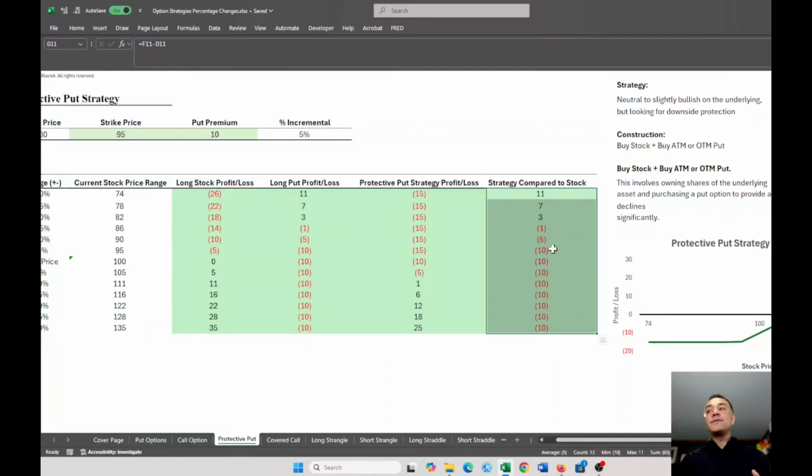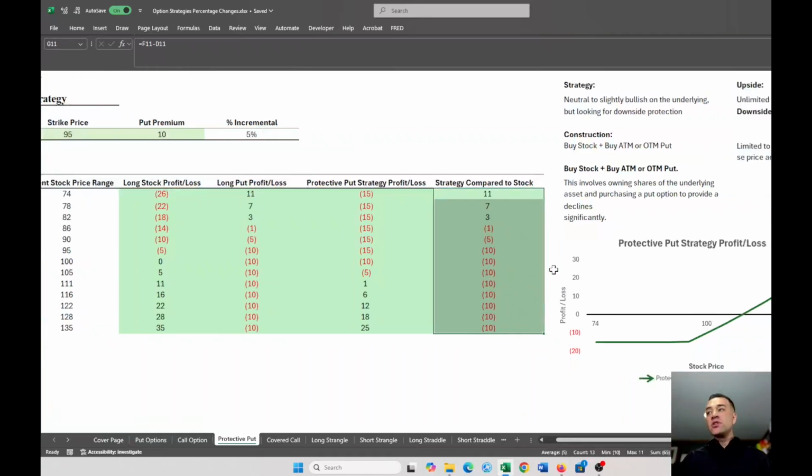If the stock goes up in value, I'm always negative $10 because I will not exercise it. So if the stock goes up to, right now we have $100 and then 135, 150, I'm just going to walk away from the contract. I'm not going to exercise the put. So my strategy would be negative 10 than what I would have been if I just owned the stock by itself.